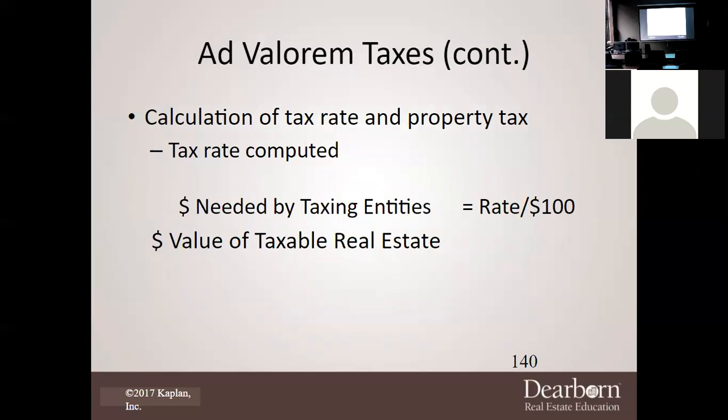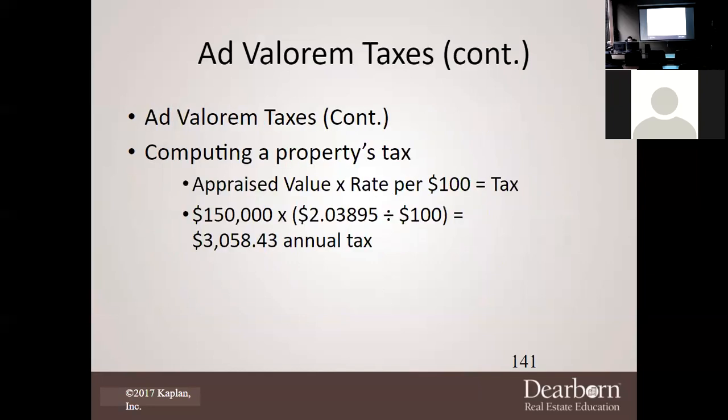So to figure out the calculation of your tax rate and property tax, the tax rate is computed by the money needed by the taxing entities divided by the dollar value of taxable real estate, with the rate expressed per 100. So here's a nice little breakdown.